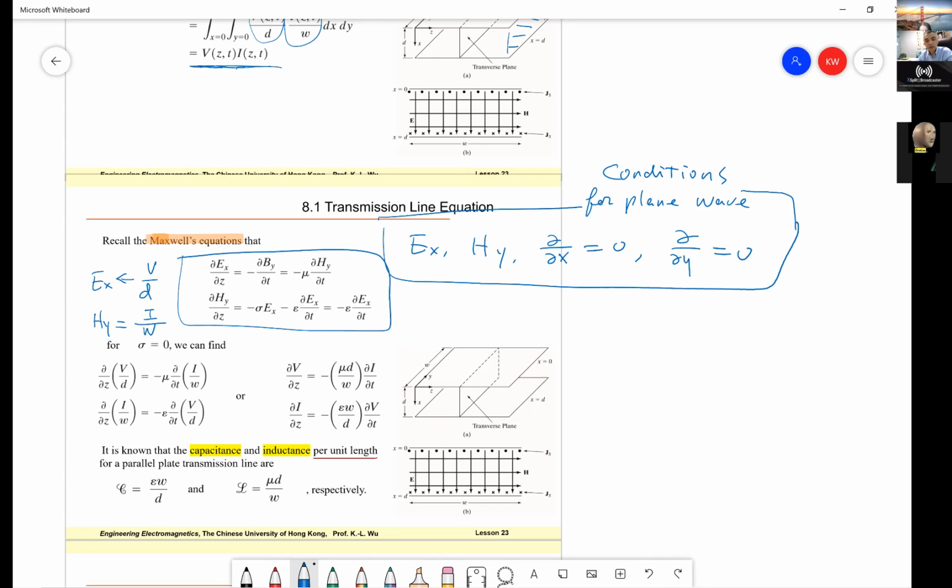So we substitute them into this, also with the conductivity equal to 0 in the medium, which means lossless. So we have another set of equations. Or you see, if we multiply this d on this side, this is exactly equal to this.